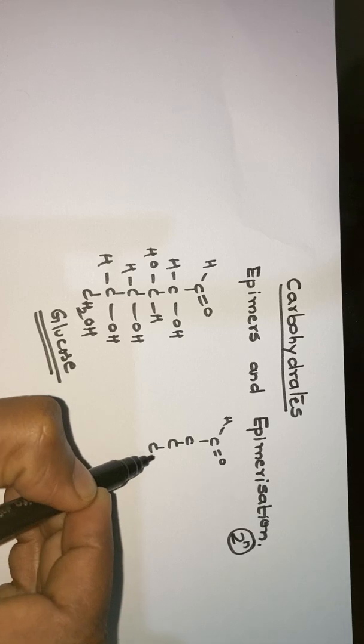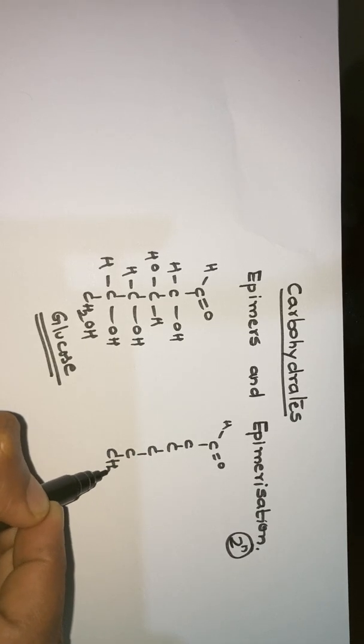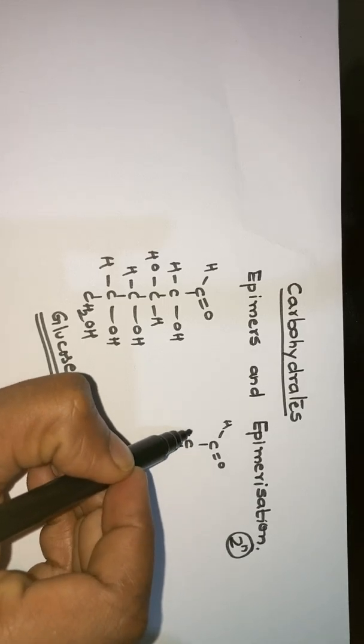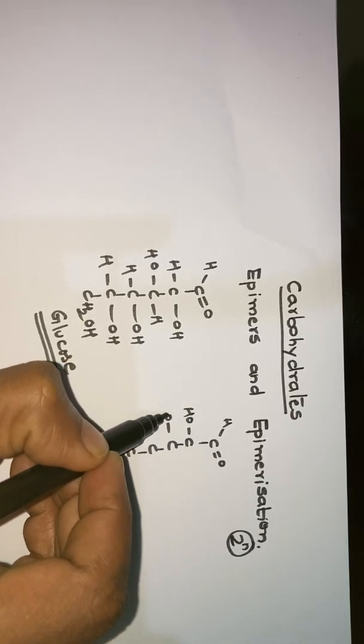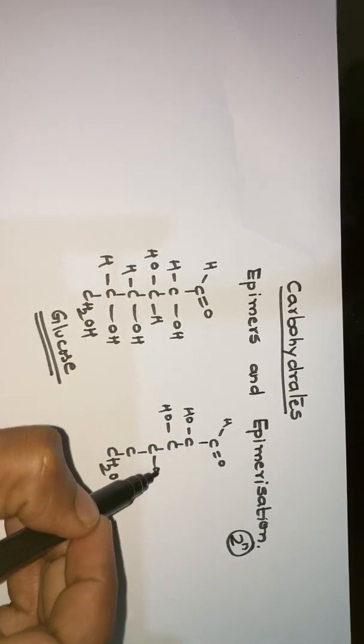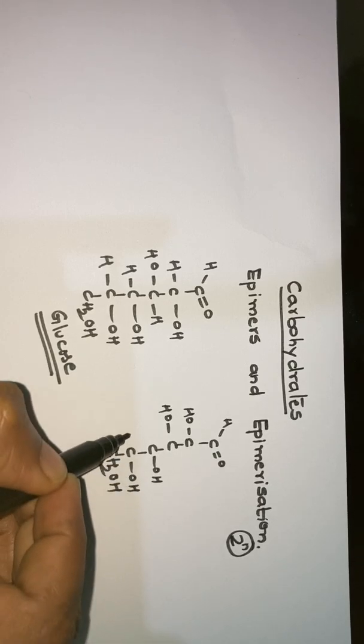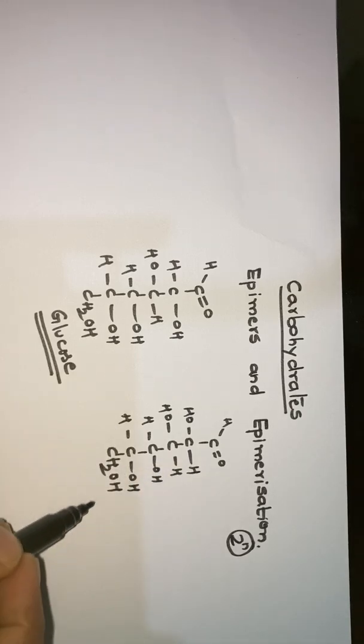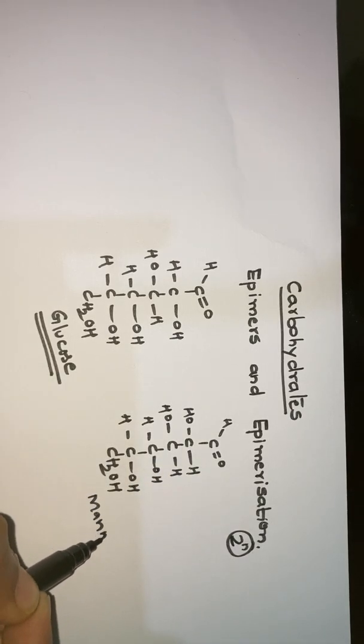Mannose: the second and third OH are on the left side, and the remaining OH on the right side. So this is mannose.